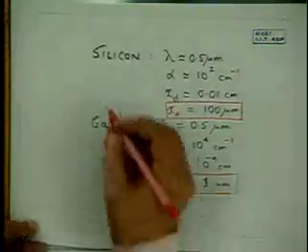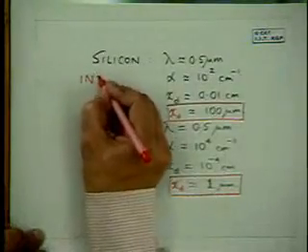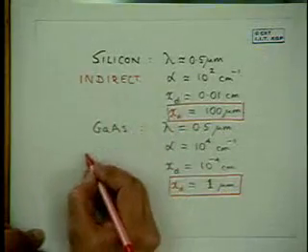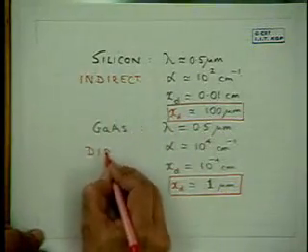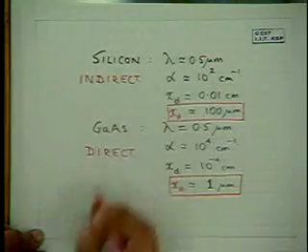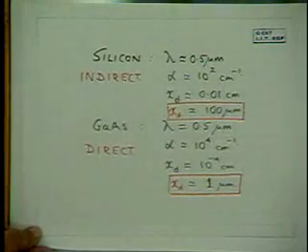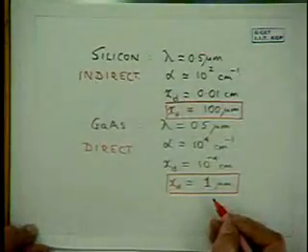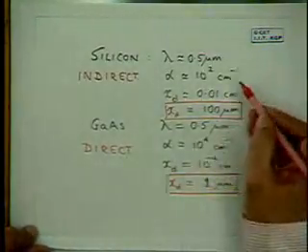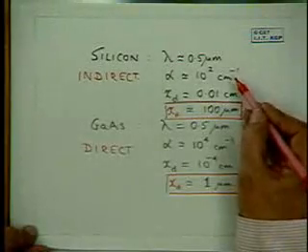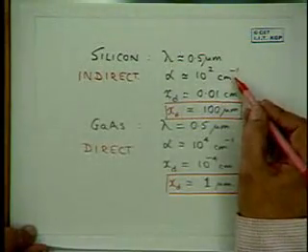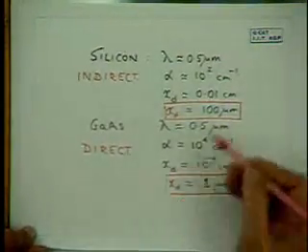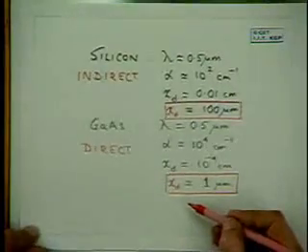As I've mentioned earlier, silicon is an indirect gap semiconductor, and gallium arsenide is a direct gap semiconductor. So one has to calculate the optical absorption coefficient alpha for direct and for indirect gap semiconductors, which I shall do in the following lecture.